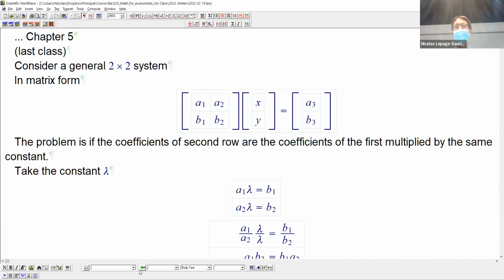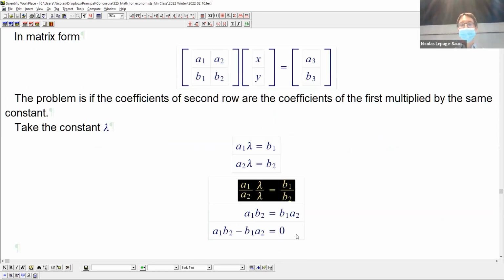So here's a small demonstration of this. So imagine that A1 times some constant lambda gives you B1, and A2 times some constant lambda gives you B2. So then you can just take the ratio there and you get this.